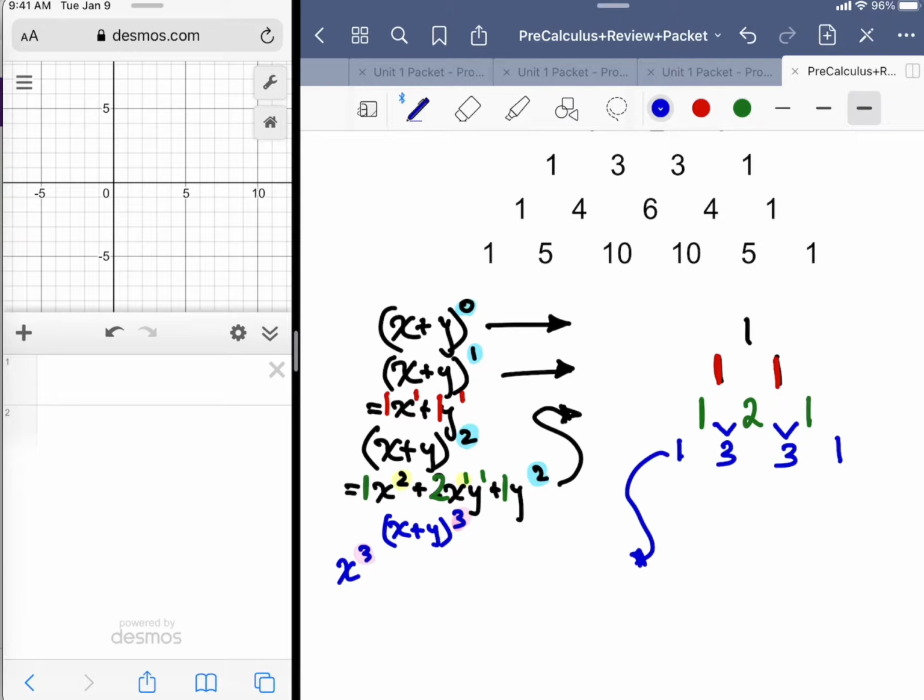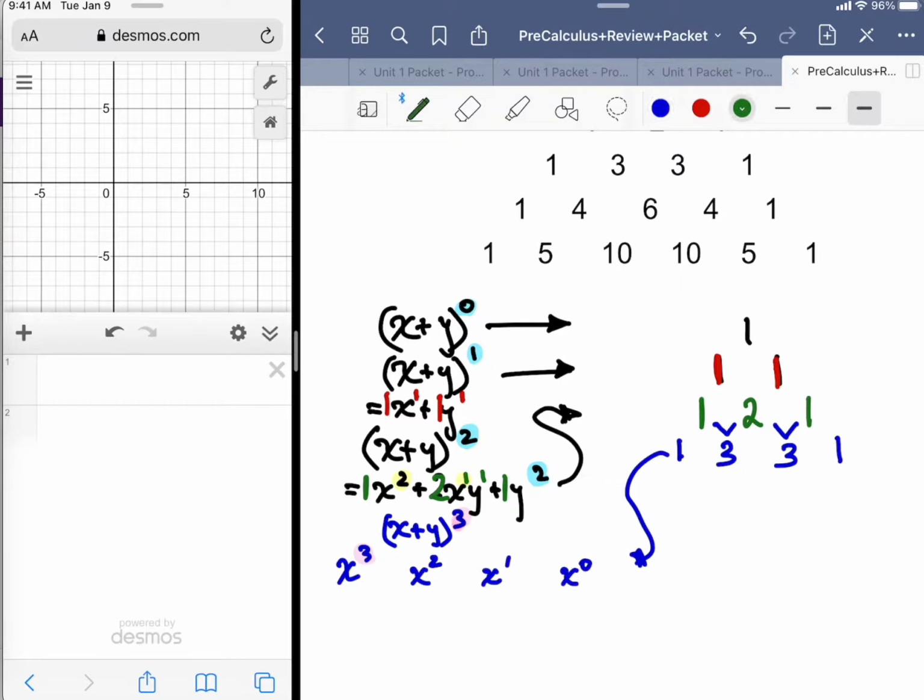Then it's going to decrease in power. So x to the second, x to the first, then x to the 0th if you want to write it. If not, then just ditch it because x to the 0th is going to be 1 anyhow. But I'll write it in anyway.